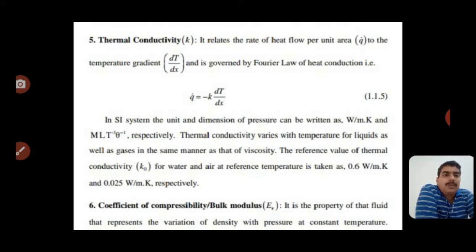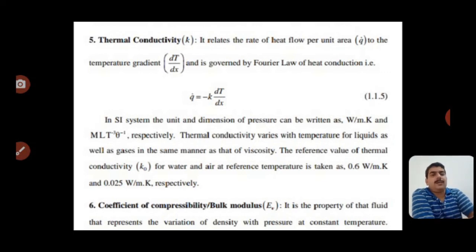Therefore, Q dot is equal to minus k dT upon dx. In the SI system, the unit is W per meter Kelvin, so the dimension of thermal conductivity is M L T to the power minus 3 theta to the power minus 1.